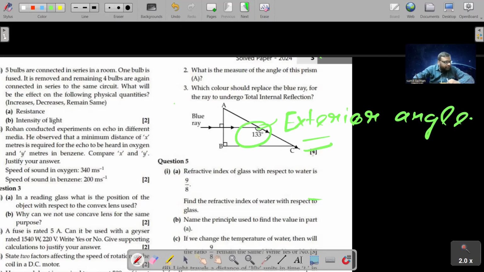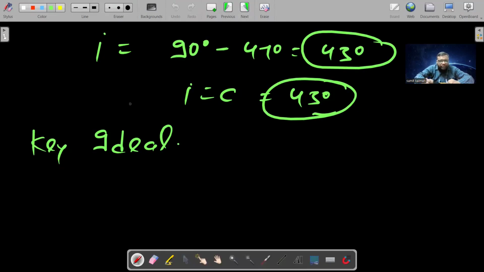And students, we all know that the sum of the exterior and interior angle is equal to 180 degrees. So here we will calculate the interior angle.